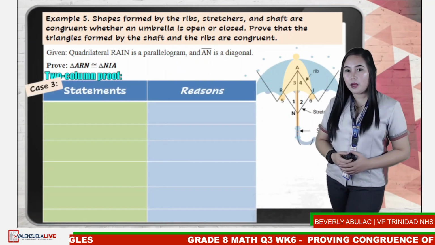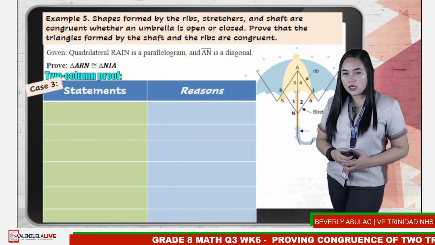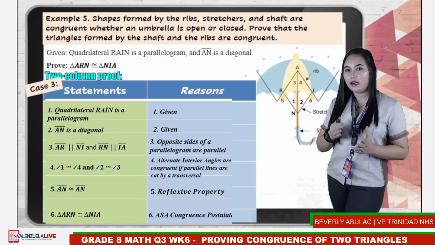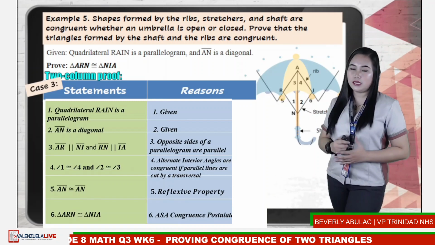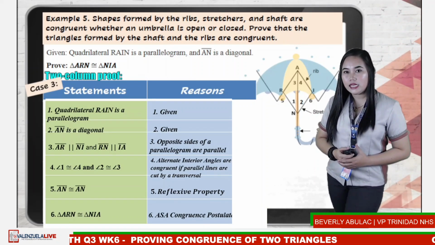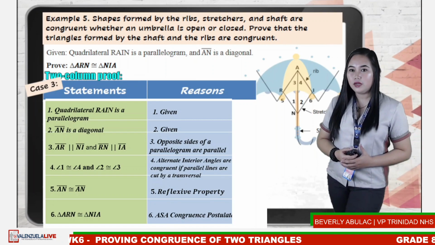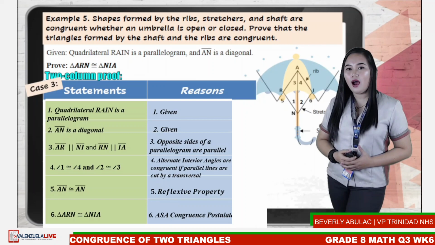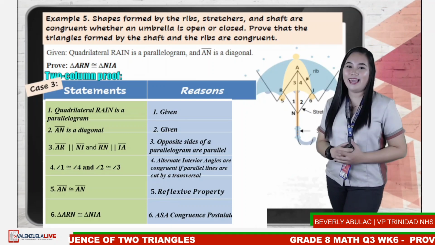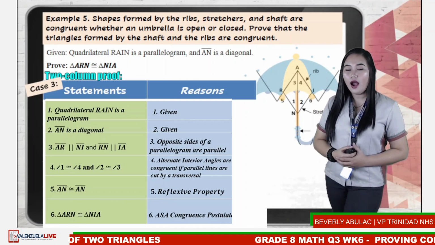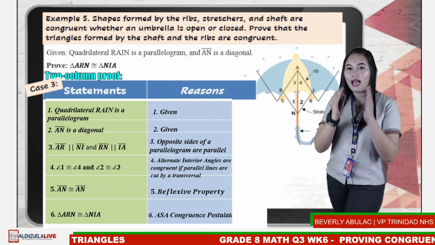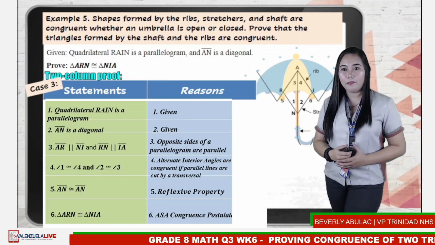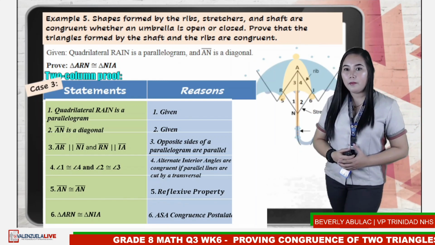So let's have case number 3. As you can see, we have to write all the given. Quadrilateral RAIN is a parallelogram. What is the reason? It is the given. Segment AN is a diagonal. What is the reason? It is a given. Segment AR is parallel to segment NI, and segment RN is parallel to segment IA. Now, what is the reason? By the opposite sides of a parallelogram are parallel.